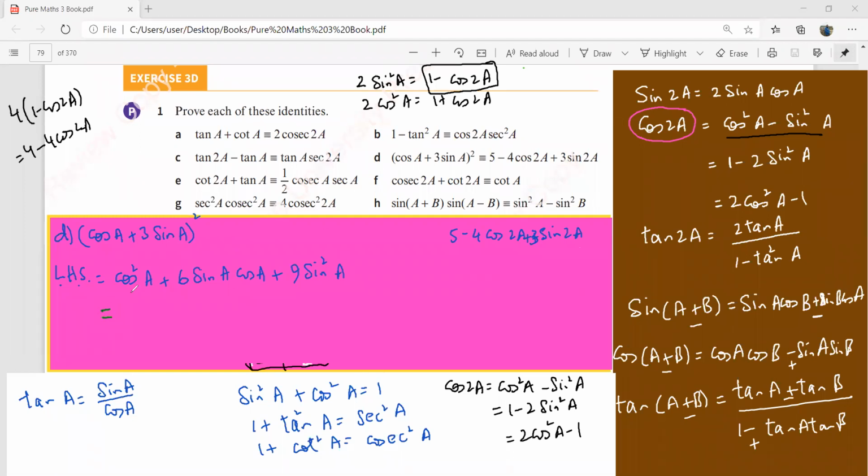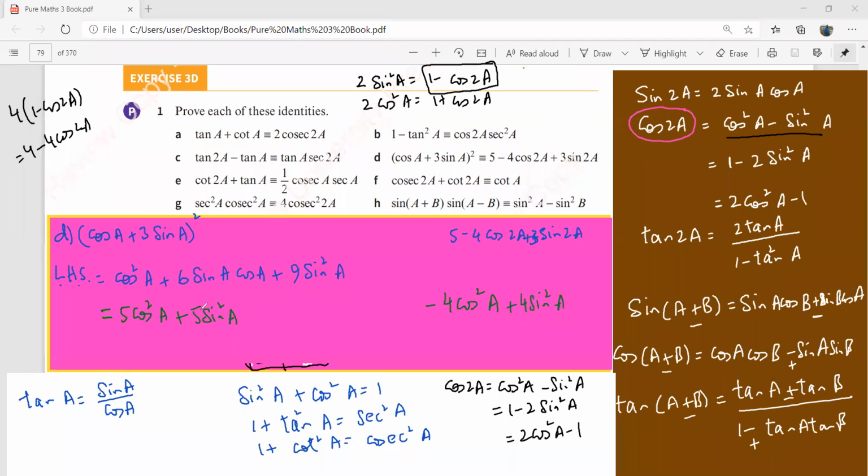So I'll add 4 more cos square A so that I have 5 cos square A with me, and I'll write here minus 4 cos square A because I have taken 4 extra cos square A. I'll take 5 sine square A from here, and I'll write the remaining 4 sine square A over here. Look at this, how cool it is.